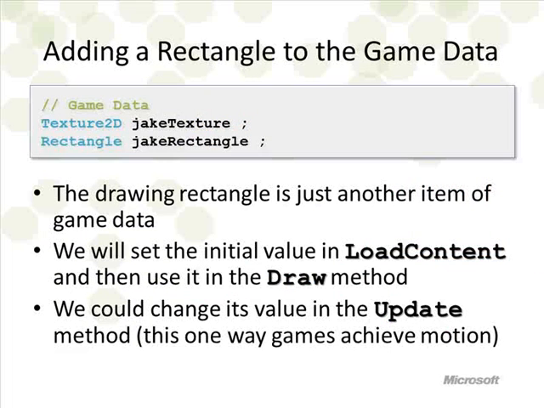The rectangle of course becomes part of the game data, so my game data now has 2 things in it: the texture I want to draw, and the rectangle that says where it's going to get put. And you can use the update method to change the rectangle's draw position, and that's quite a good way of making things appear to move around the screen, and you will be doing that session after next, I do believe.